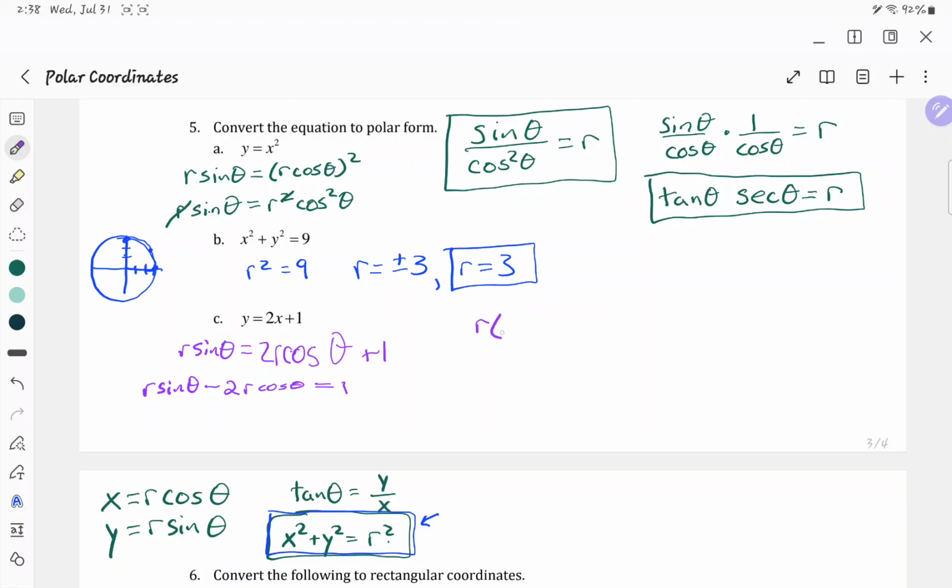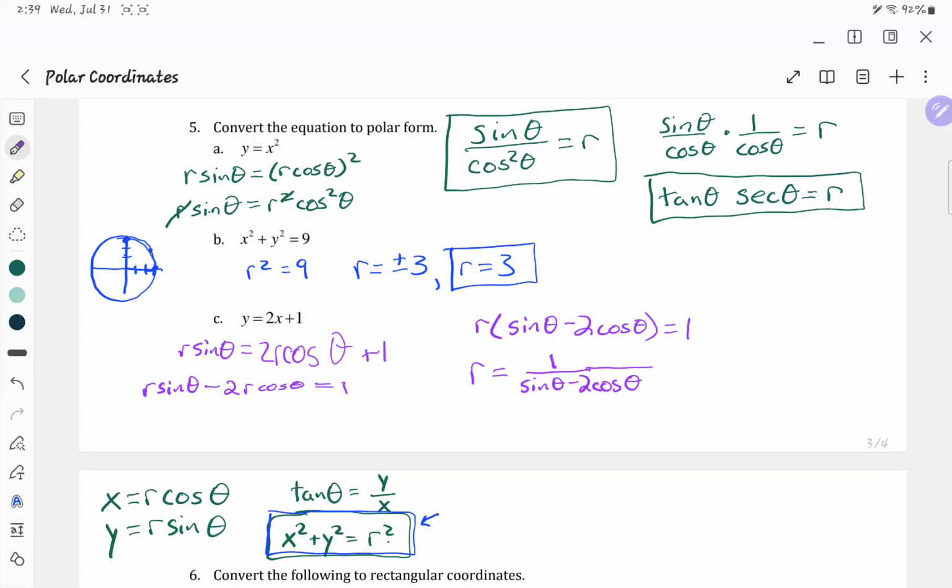So we'll say r factors out, and we got this sine theta minus 2 cosine theta left over, equals 1. So again, here I'm just grouping the r's on one side, factoring the r out. Now I can get the r by itself just by dividing by that big old parenthesis. So we'll divide, and we got 1 over sine theta minus 2 cosine theta.